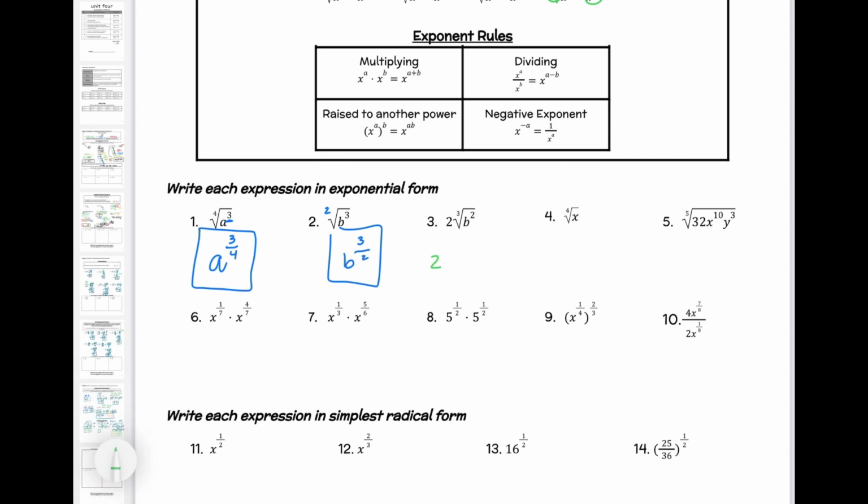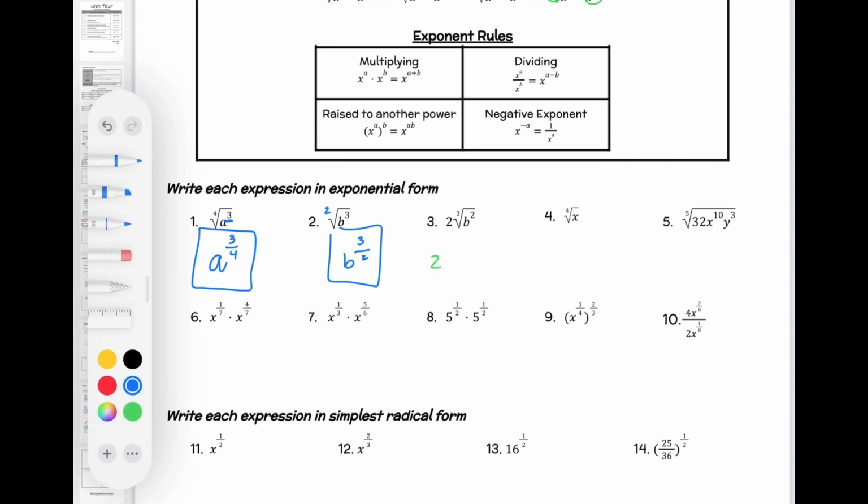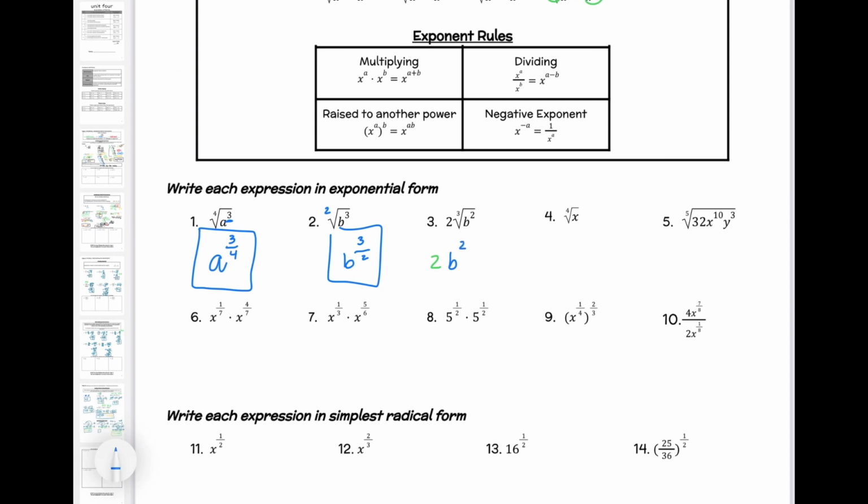Now we have 2 b's on the inside, so we're going to have b squared over 3, so over our index. And we cannot simplify that any further.